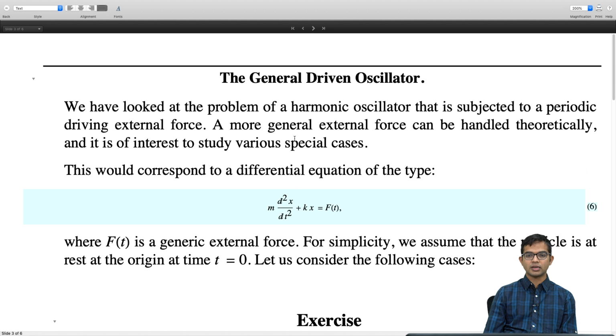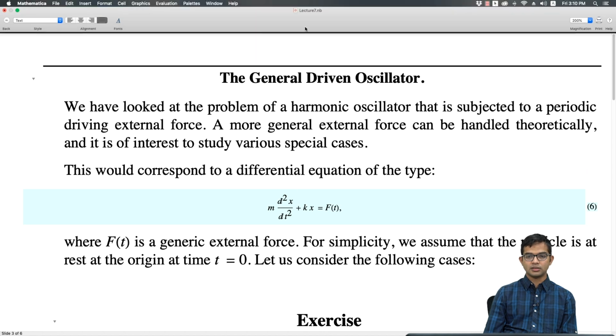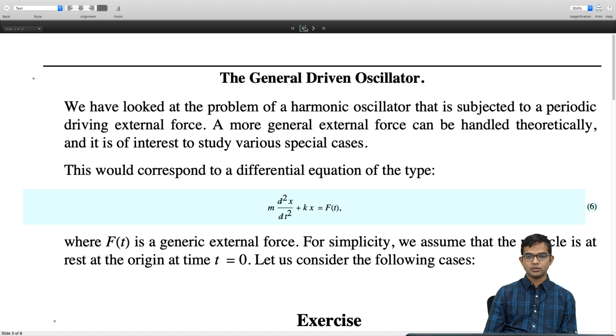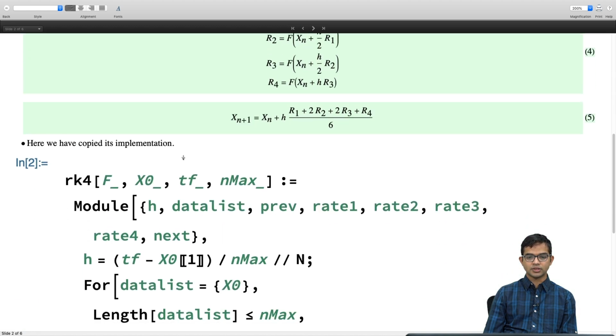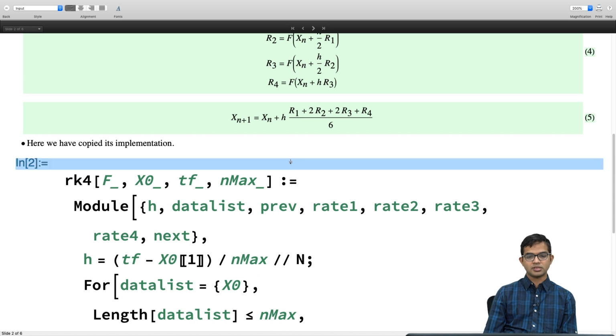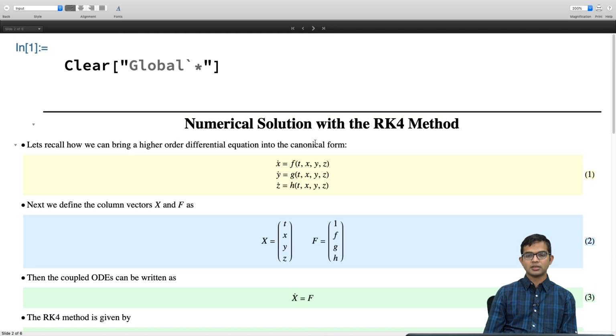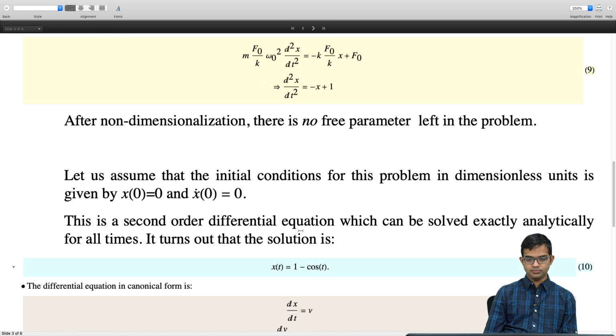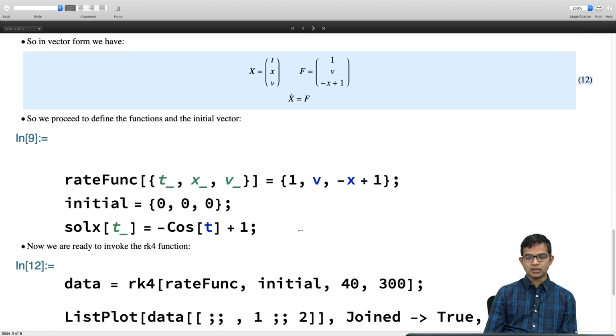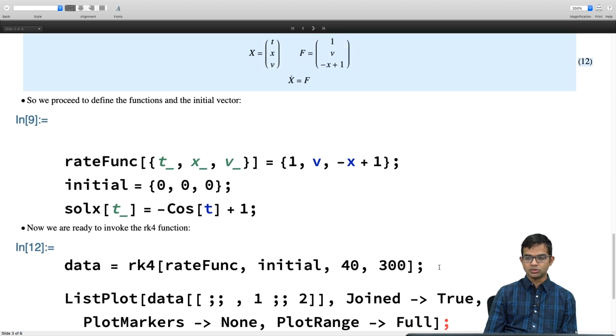So let's quickly go back and recall the arguments that go into this function. So n max, right? So it's just the number of iterations. If you make that larger, then it's going to involve more operations and perhaps it will give you better accuracy, but I am just choosing it to be 300, right? And I know that this is going to work well.